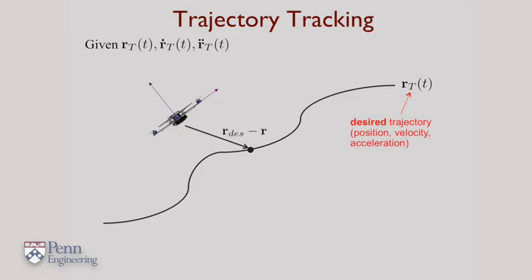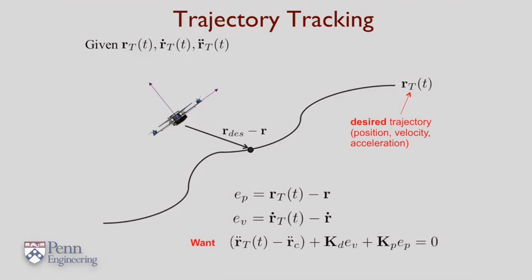We're interested in taking this vector r desired minus r and reducing it to 0, r desired being the point on the trajectory that we want to follow, and r being the current point. Let's define the error vector as r desired minus r, r desired being the same as r sub t. The velocity error is given by the derivative of the position error.